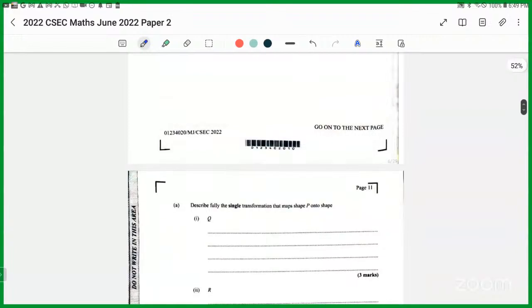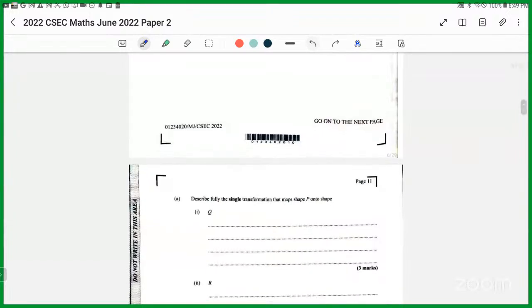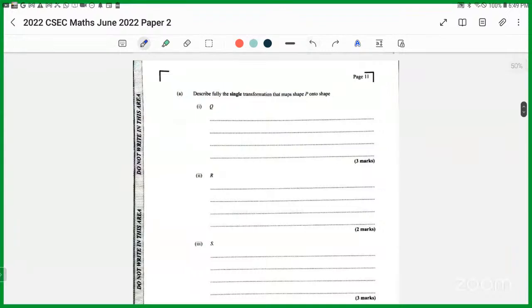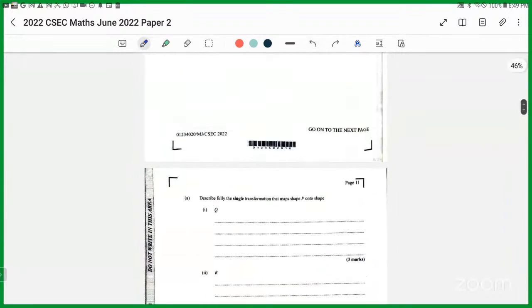It says describe the single transformation which maps P onto Q, then R, then S. So looking at the diagram, we're going to figure out what type of transformation each one is, and the components of the transformation. Remember, you cannot just name it. It says describe fully, and they want one single transformation.